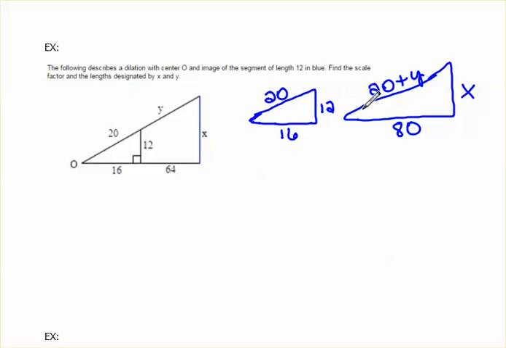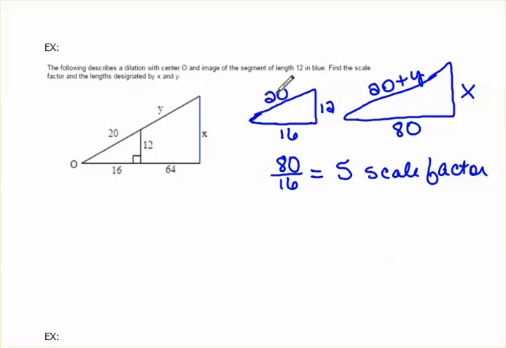But because we're blowing this triangle up, our scale factor should be greater than 1. So I'm going to take the 80 and compare that to the side 16. And when we divide, we end up with 5 as our scale factor. So that means that each one of these sides is 5 times each one of these sides.